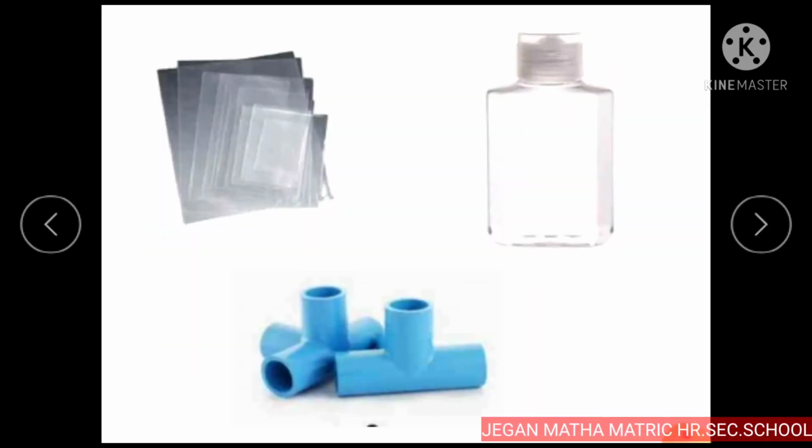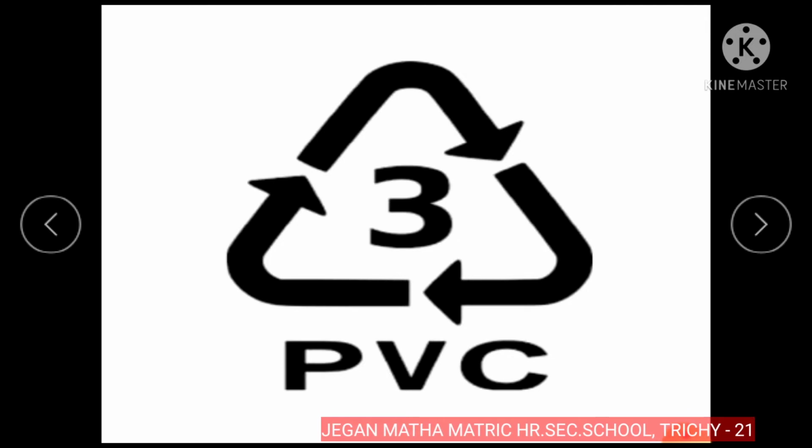For example, flexibility, strength, softness or transparency.